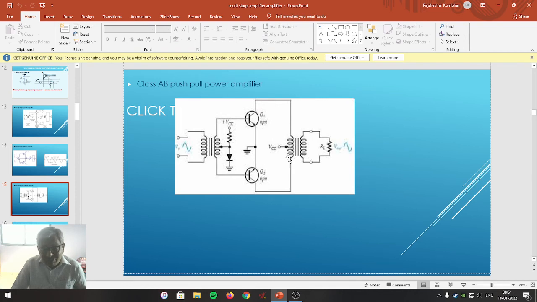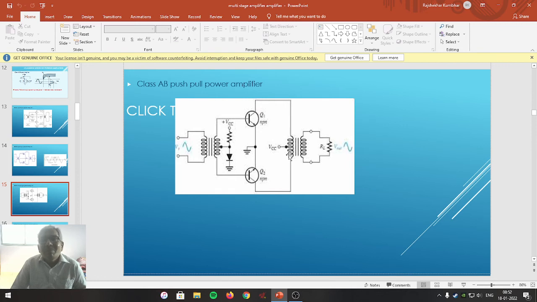Thus, in this case also, when one transistor is off, the other transistor is on, and vice versa. When the other transistor is off, the first transistor is on, meaning one transistor pushes the current at the output, and the other transistor pulls the current from the output. Thus, the difference in collector current will pass through the primary winding of the output transformer, because the polarities of IC1 and IC2 are opposite to each other.